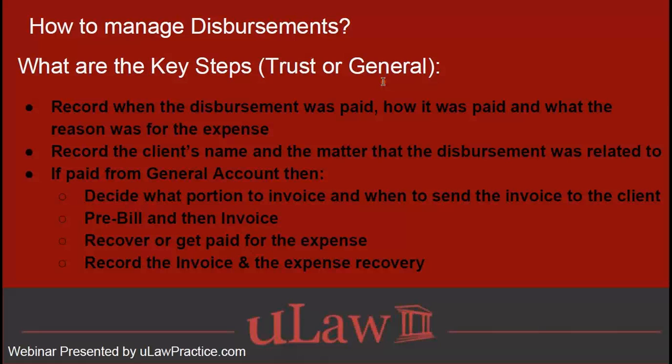Get in the habit of giving them interim bills so that your client knows and expects that invoice on a regular basis. If it's a one-time deal, you probably would then encapsulate all of that into one invoice and send it over. Regardless, you decide at what junction you probably have to include those disbursements as part of that invoice.